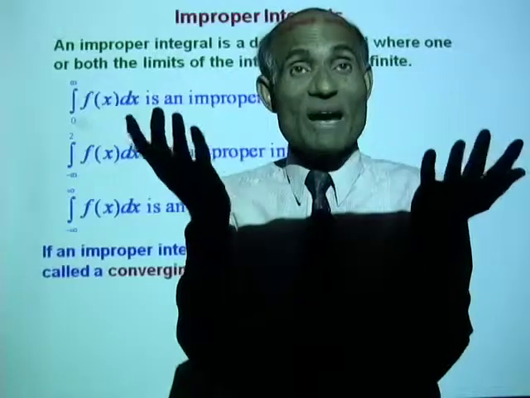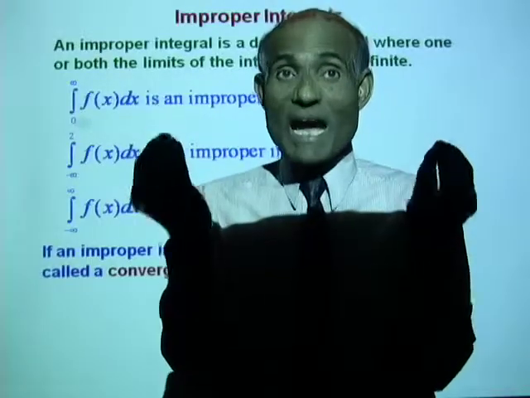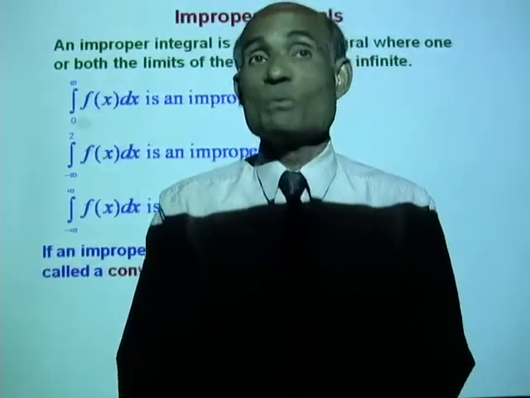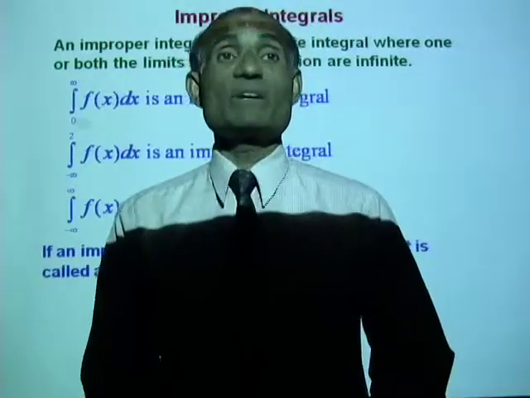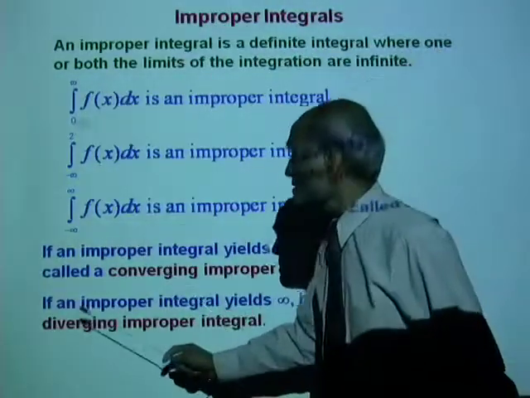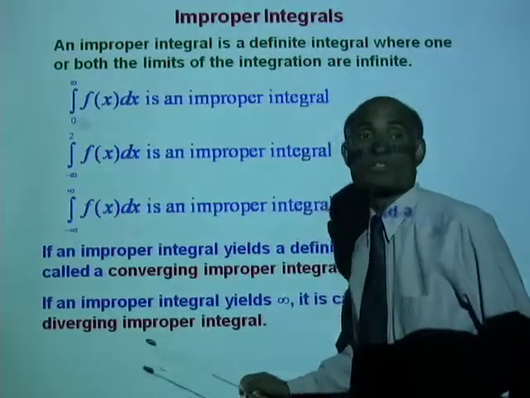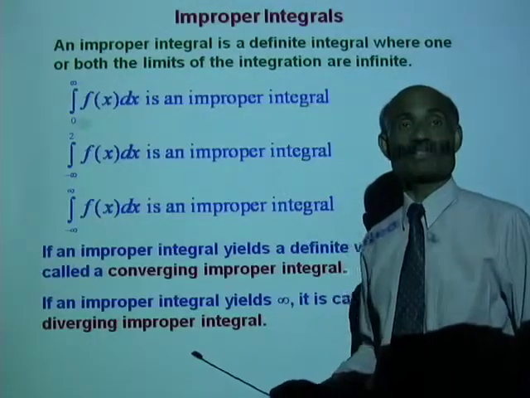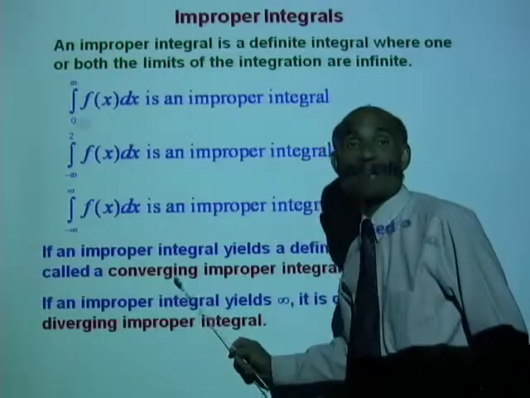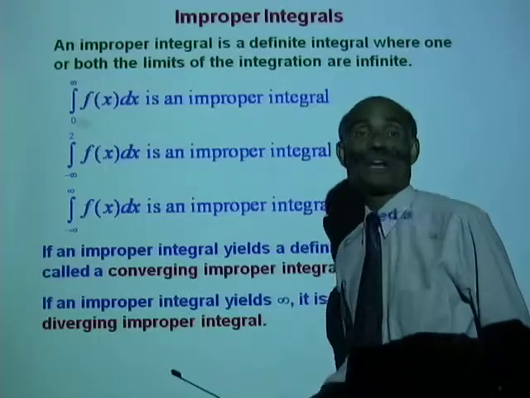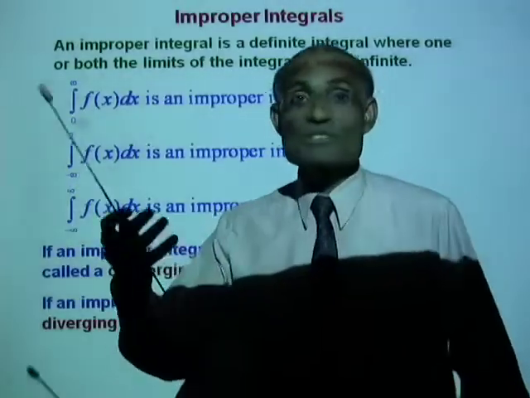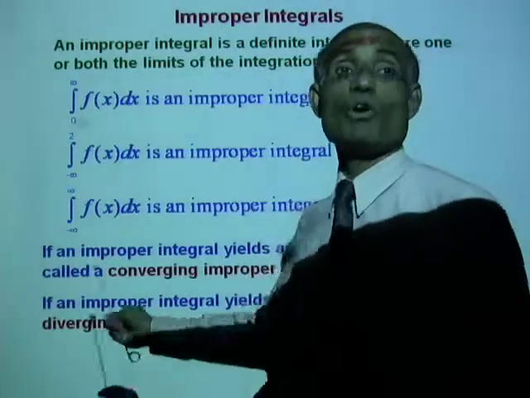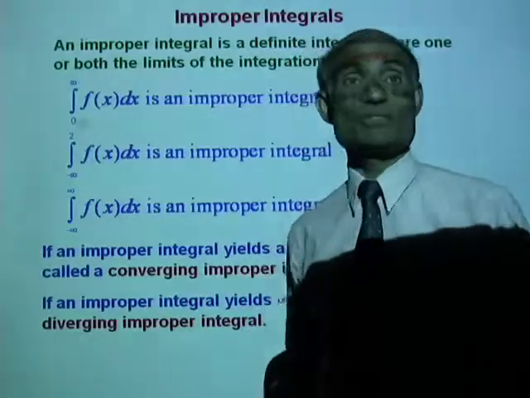In other words, that improper integral has a definite value. But some others don't have a definite value, and such integrals are called diverging improper integrals. So improper integrals can be converging or diverging, and we will test some of these integrals for convergence or divergence.